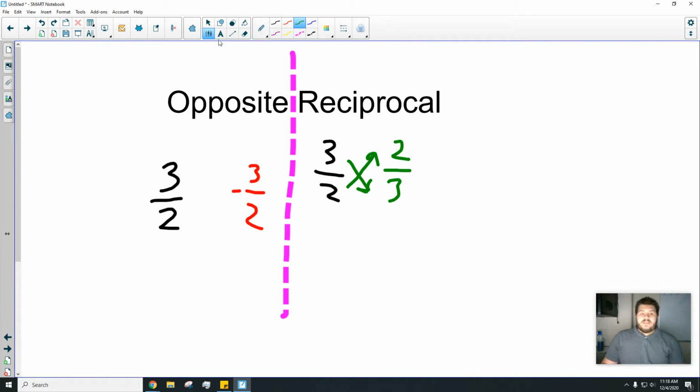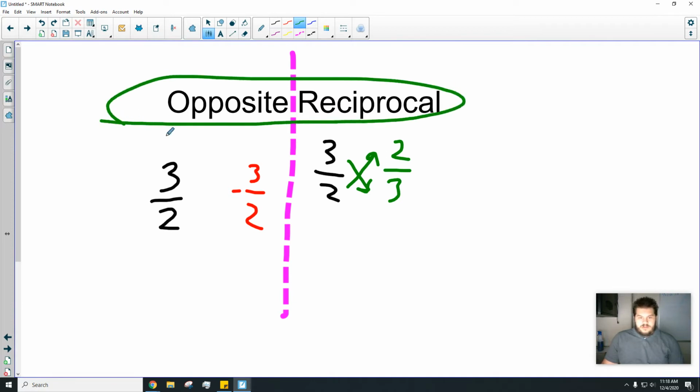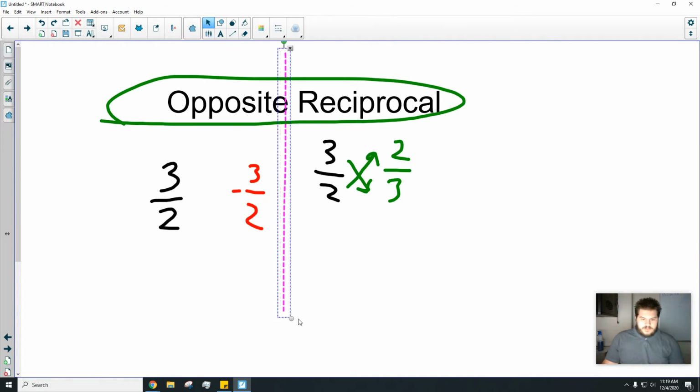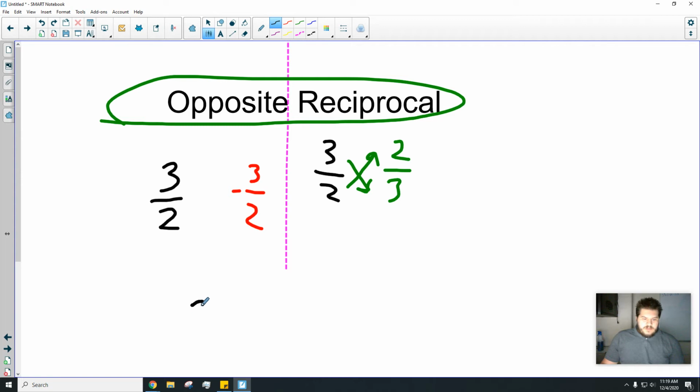But again, we have the opposite reciprocal. We have to do both of these at once. To be honest, this is not that hard to do. It might seem confusing, but once you get the hang of it, it's not bad. So opposite reciprocal means we're doing both at once. So let's use our example of 3 over 2, okay?